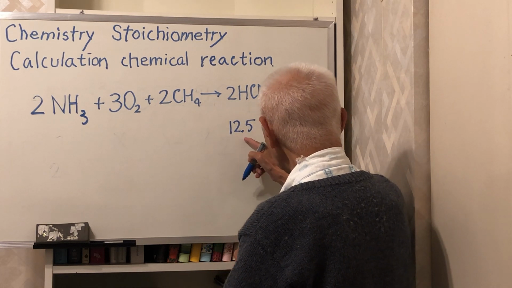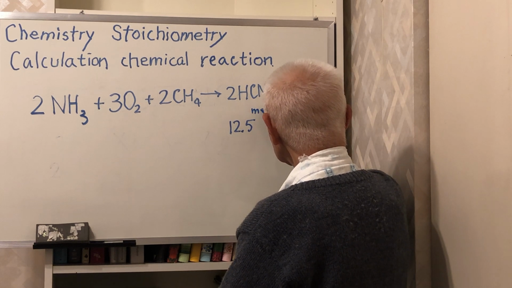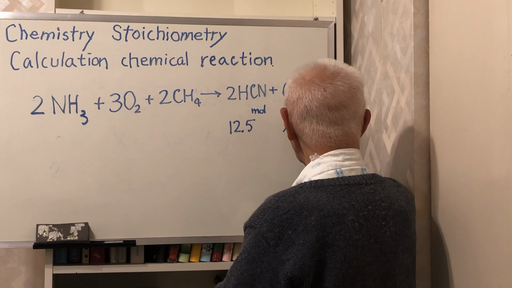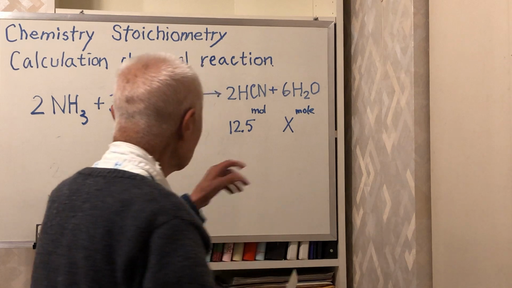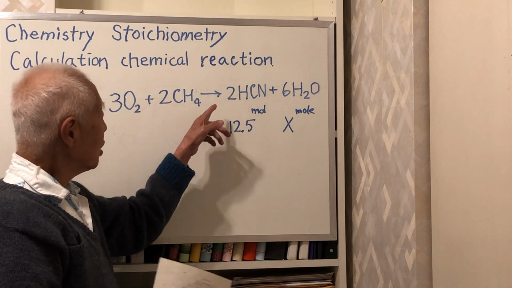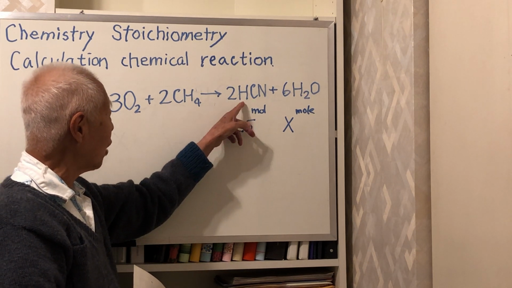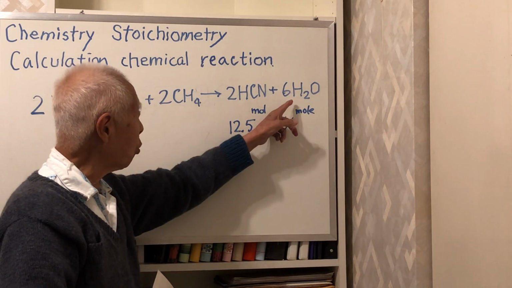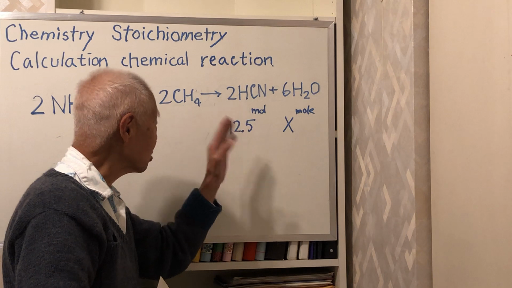I want 12.5 moles of this much, then how many moles of water do I need? If I want to produce 12.5 moles of hydrogen cyanide, then how many moles of water should match that?